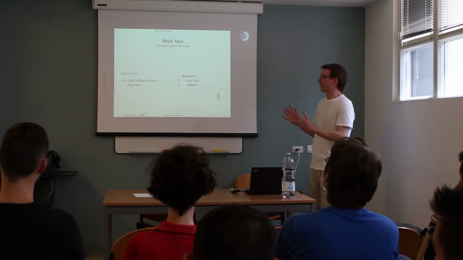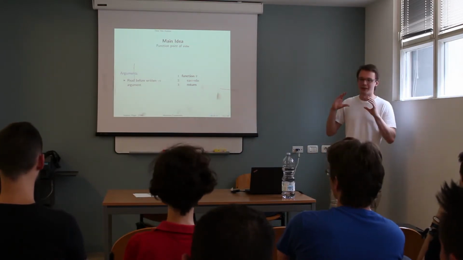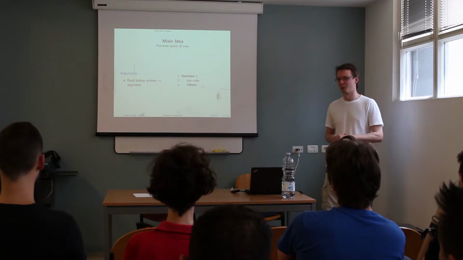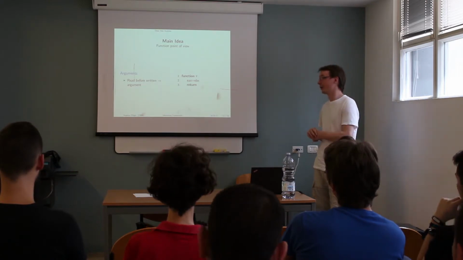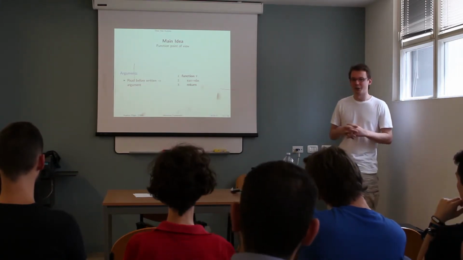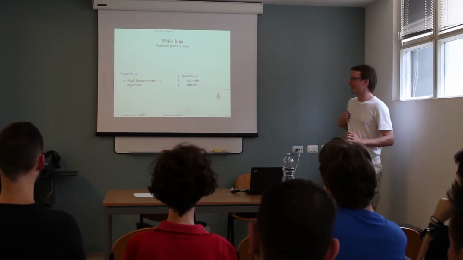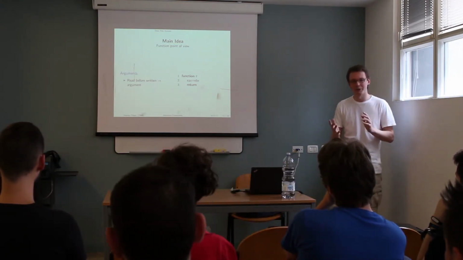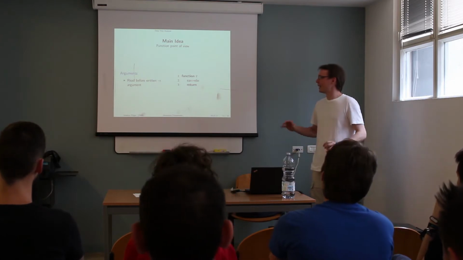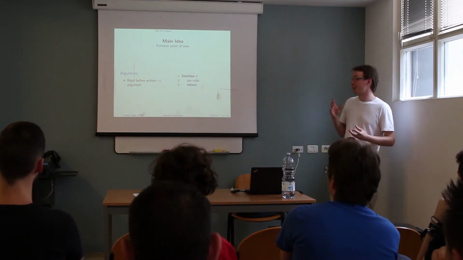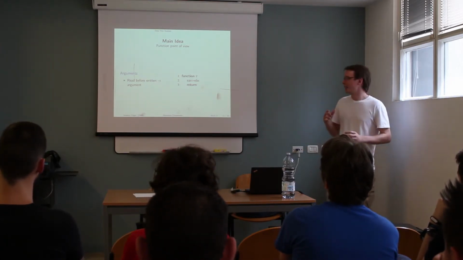Okay, so now we're inside a function. And we want to get the information, what are the arguments of this function. And the simplest idea about it is, if an element is read before it's written to, it's an argument.